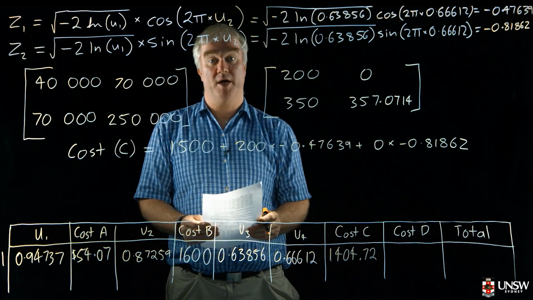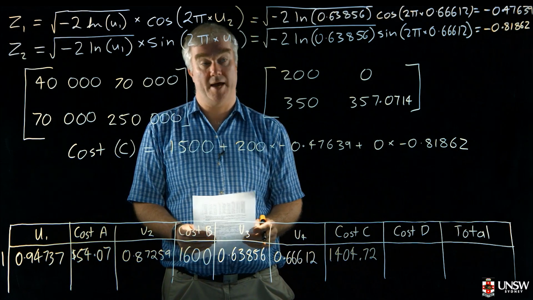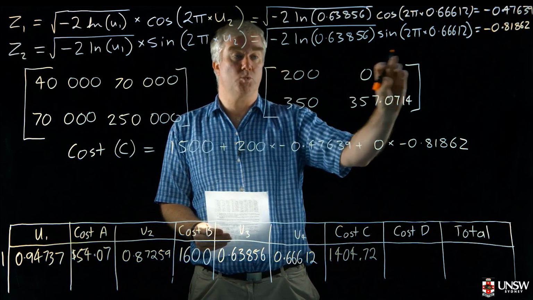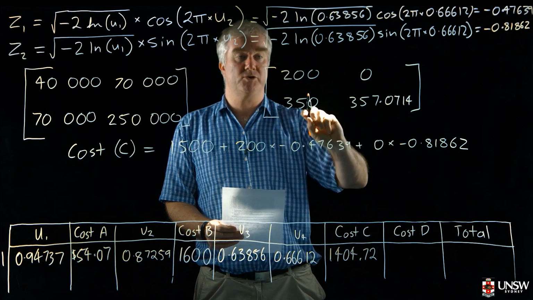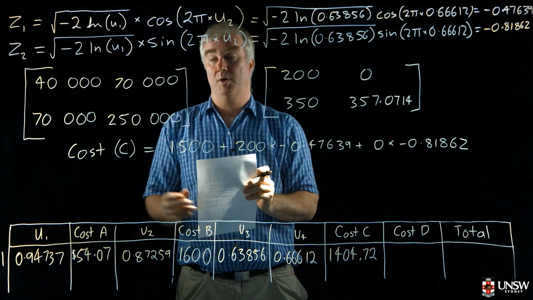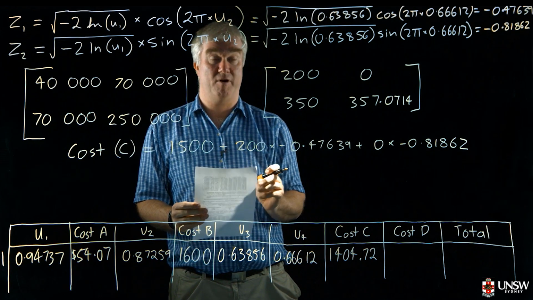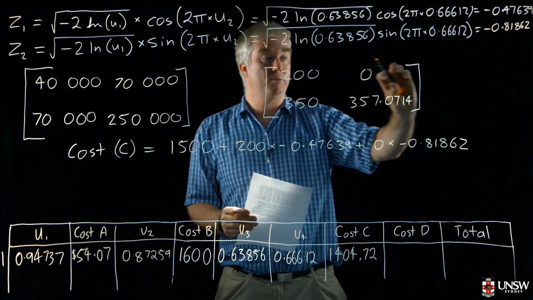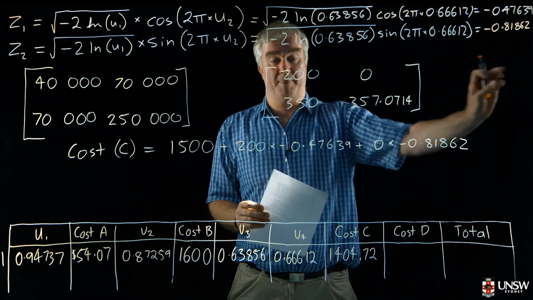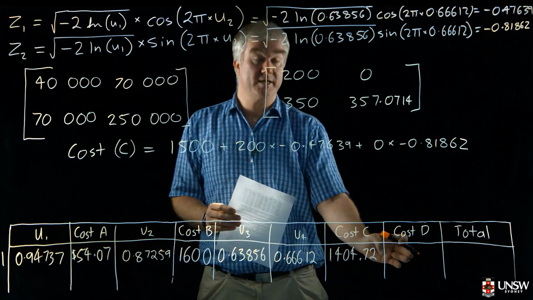Now you might be looking at this answer and saying that's the same as we got last time. That's okay. It only works for the first one because the first line in this matrix will always have a number here, which will be the square root, in other words, the standard deviation, because it'll be the square root of the variance over here, and there'll be 0 everywhere else here. However, all of the other multiplications will be different, so we'll get a different value for cost D.